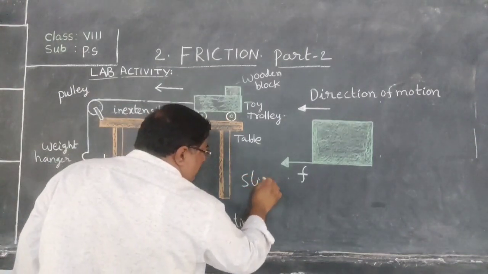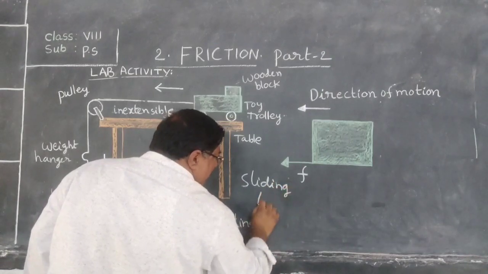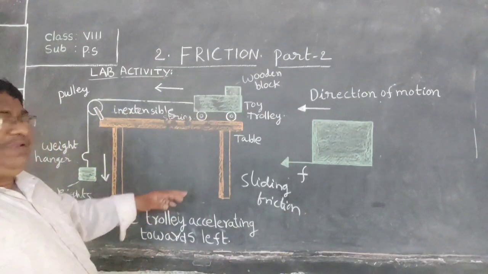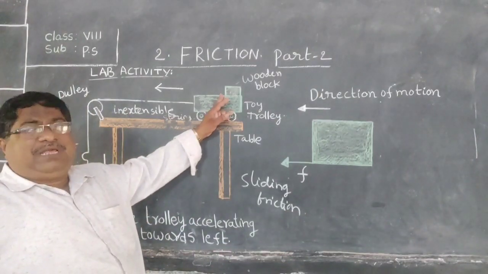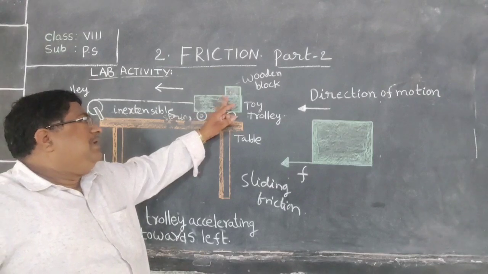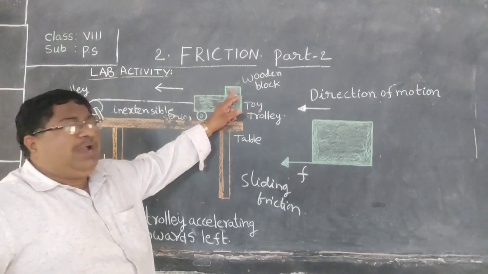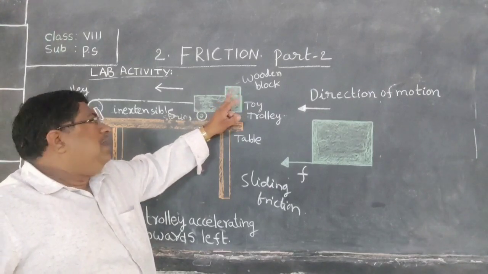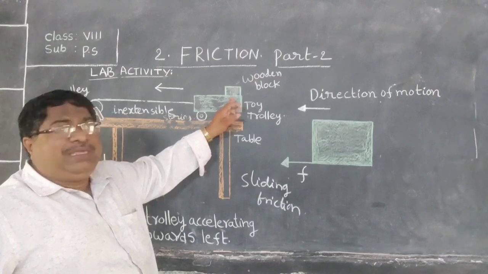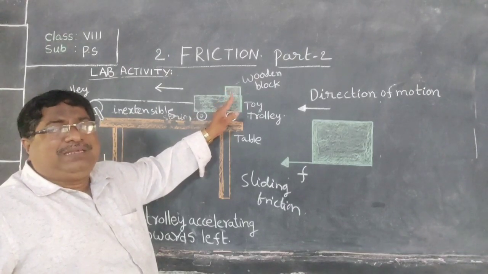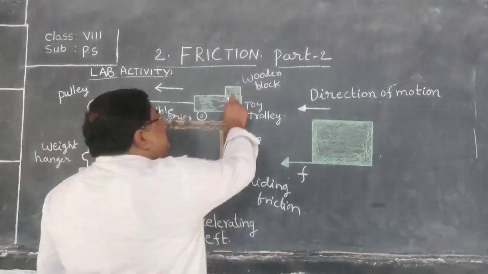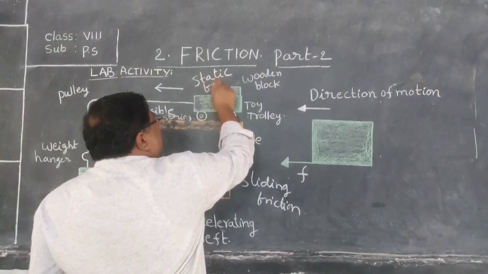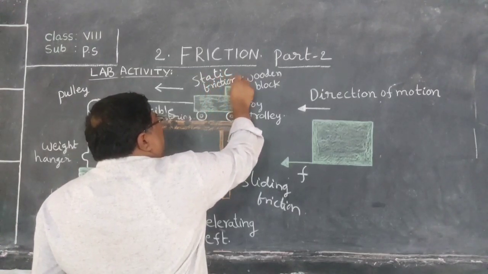Next, the friction present between the surface of the trolley and the block, because the block is at rest on the surface of the trolley, is called static friction.